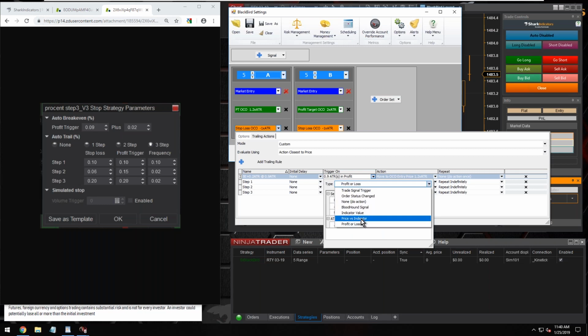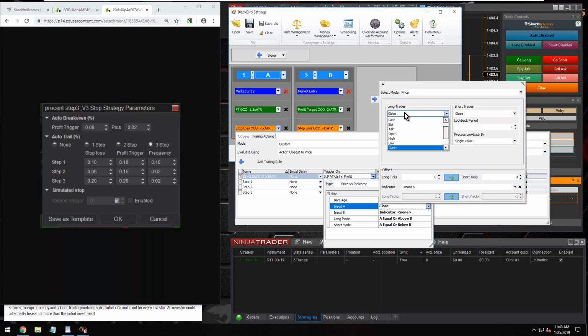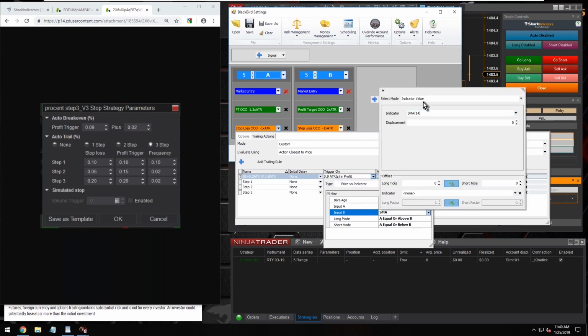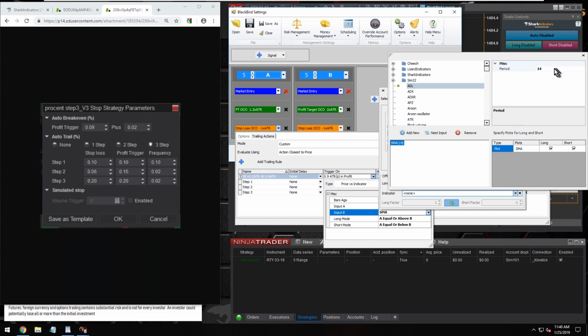All right. So it's price versus indicator again. So input A is the last price, just the same as all the other step 1, 2, and 3. All right, input B. We need to take price, and we're going to scroll up and grab the entry price. And then the indicator, there's our SMA.